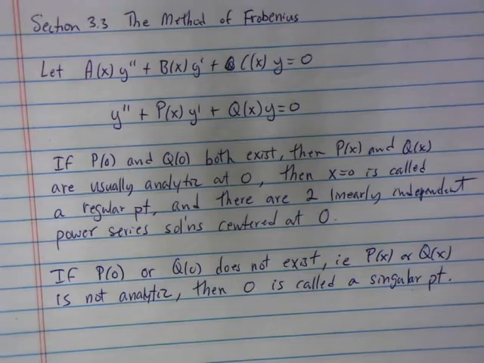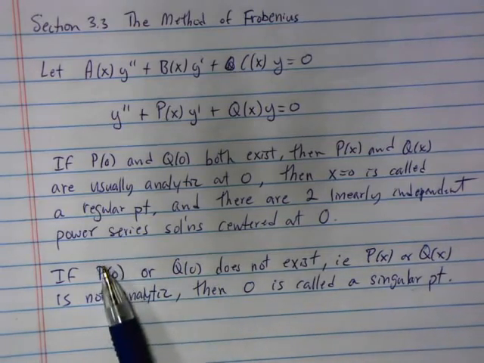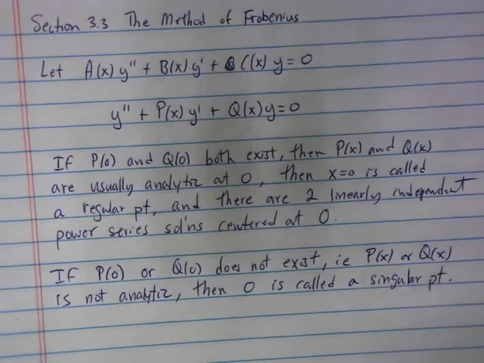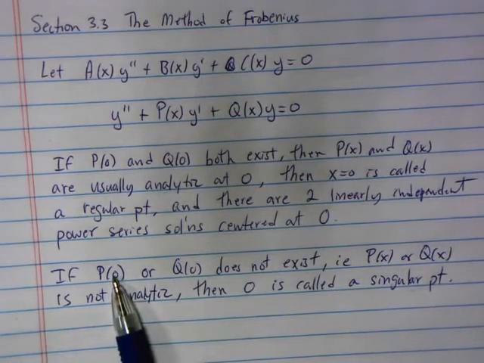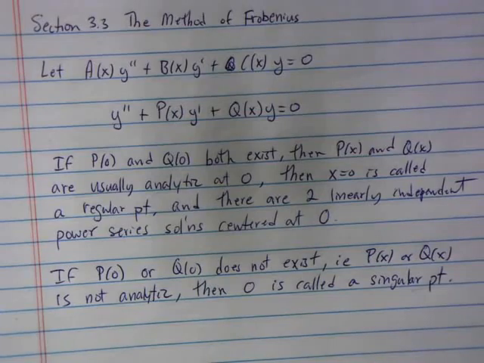Well, that's not quite right, because it could be possible that P of 0 or Q of 0 doesn't exist, but they could still be analytic. But generally that's going to happen. If P of 0 does not exist or Q of 0 does not exist, then that function is not analytic. It's possible that it could happen, but for us it won't.